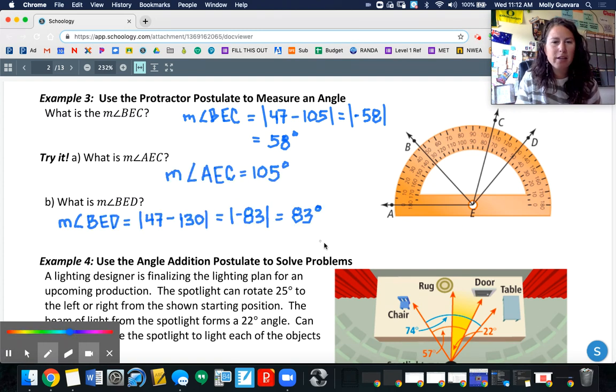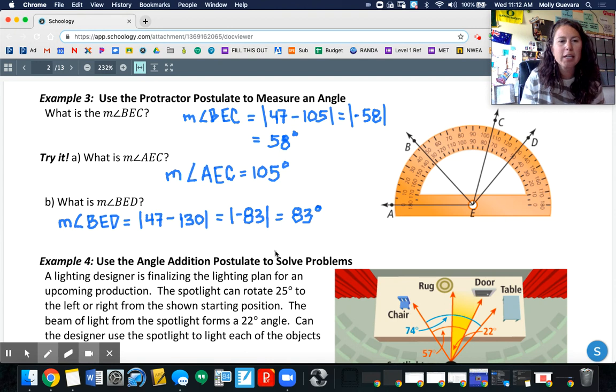Okay, so here we have the answers, so make sure you check your work. A should have been pretty quick because you're going from 0 to 105. So the measure of angle AEC is just 105. And then to find BED, you're going to do the same process we did up here. Point B is at an angle of 47.